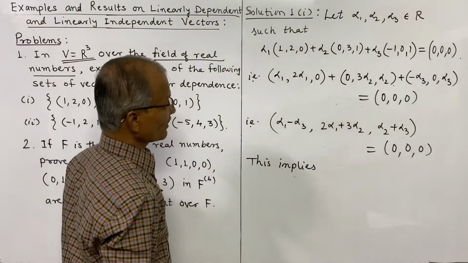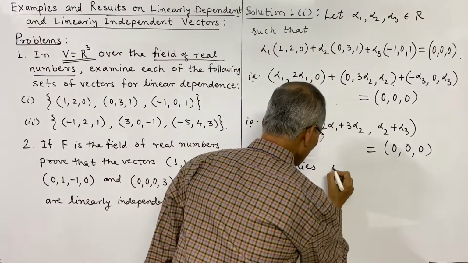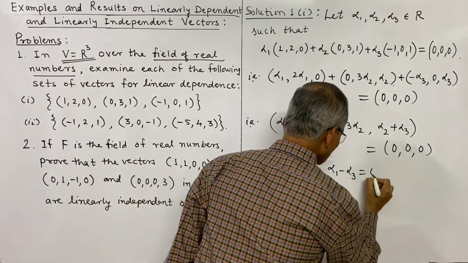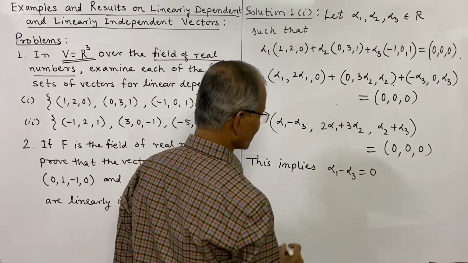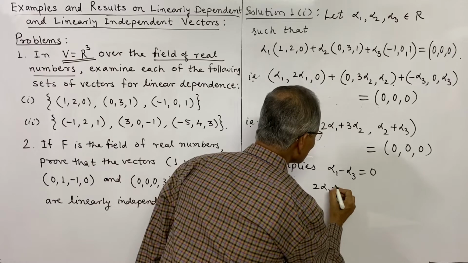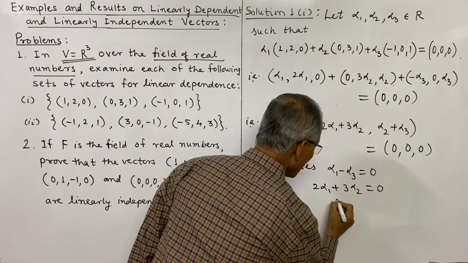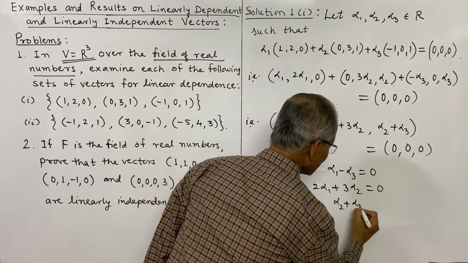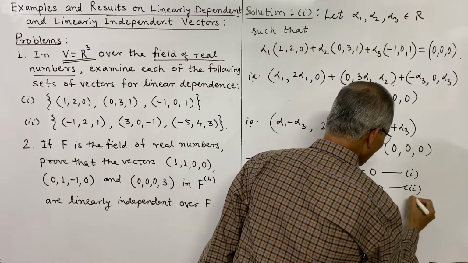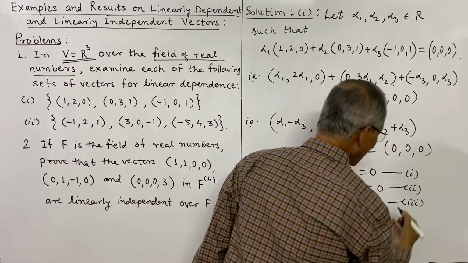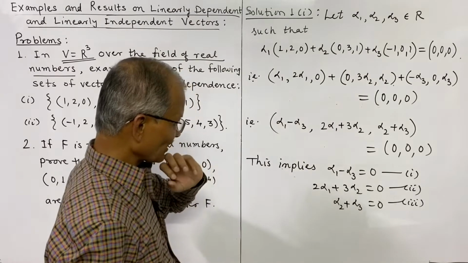alpha 1 minus alpha 3 is equal to 0; second, 2 alpha 1 plus 3 alpha 2 is equal to 0; and third, alpha 2 plus alpha 3 is equal to 0. Now we shall solve these equations to find the values of alpha 1, alpha 2 and alpha 3. These are simultaneous equations, and we can solve.